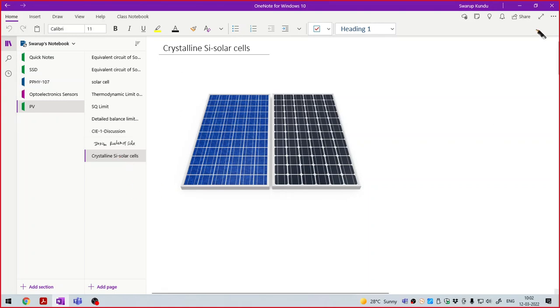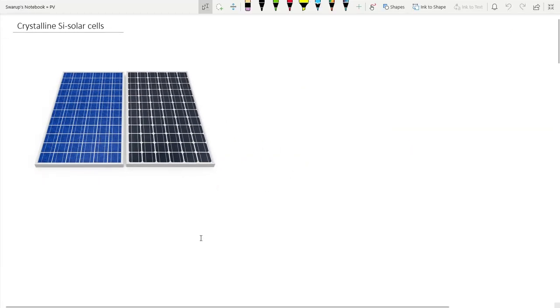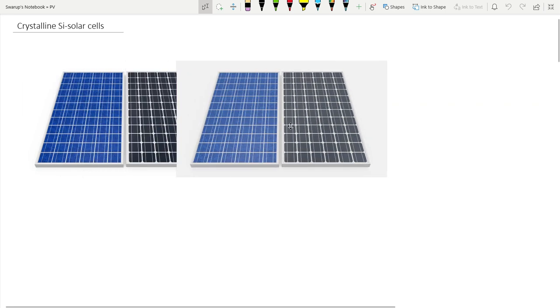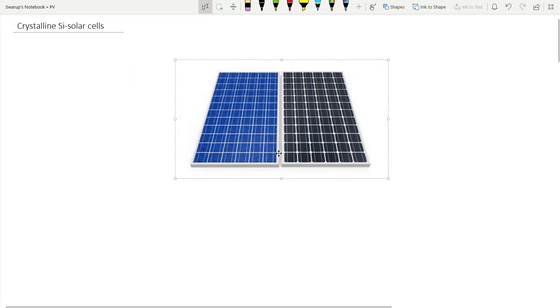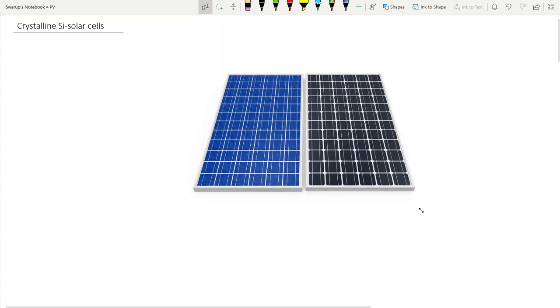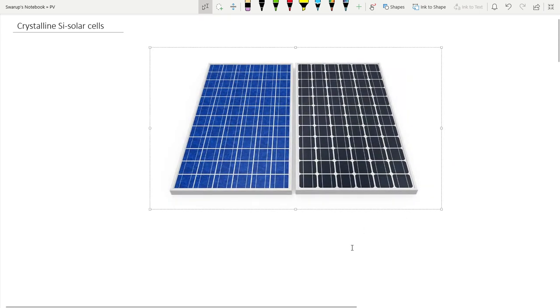So in this, I have just put two solar panels right here. One is a little bluish, and the other one is dark in color, right? Can someone tell me the difference between these two panels? Any idea?